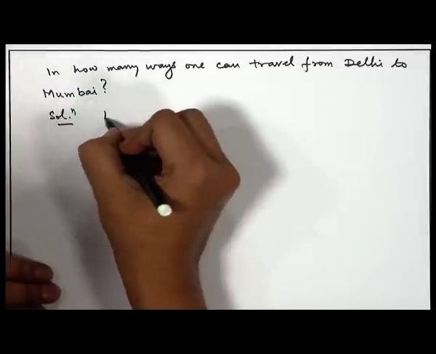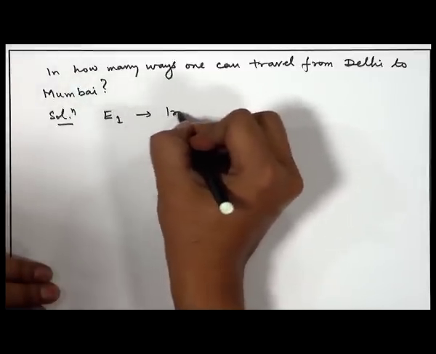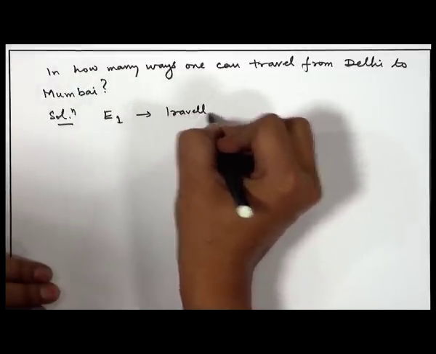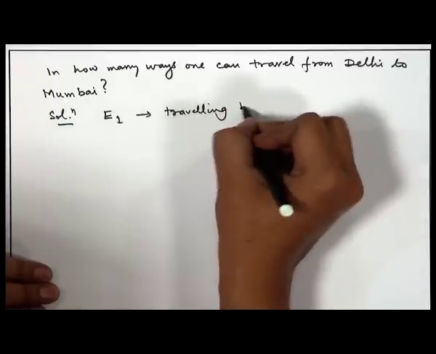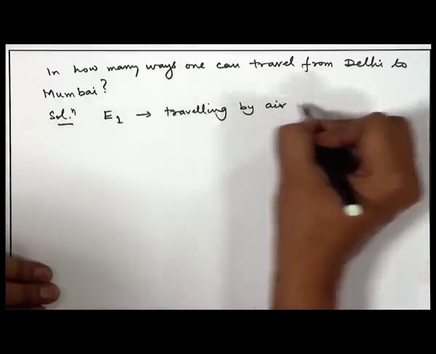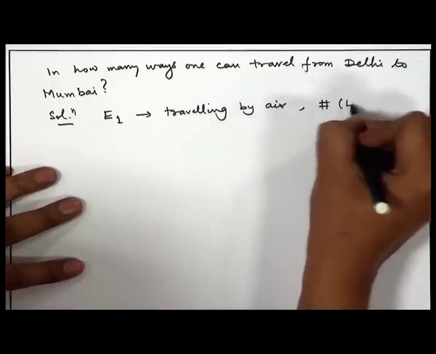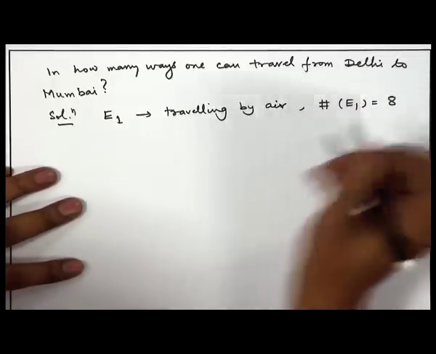So, if we formally define E 1 is travelling by air, then cardinality of E 1 is 8.